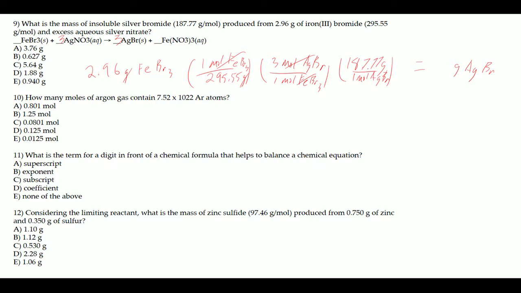That's how I would set it up, and I should be able to then calculate produced from 2.96 grams of iron bromide. I should get 5.64 grams. That should be C.